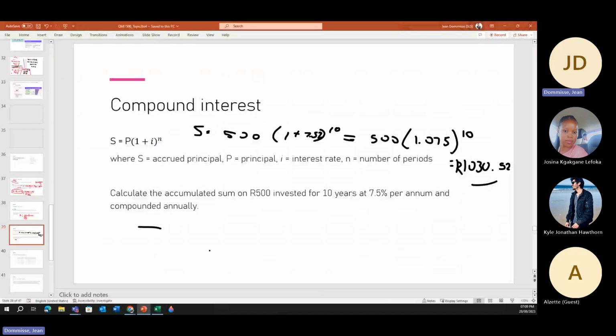I normally just clear all my settings, but you could have said 500, and let's just remember negative 500 is my present value. 7.5 is my interest.